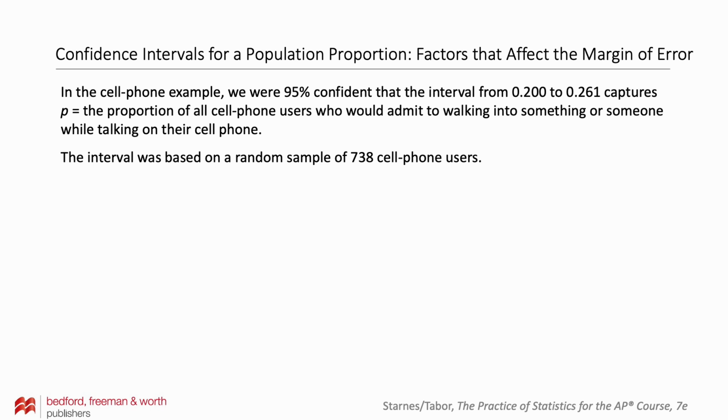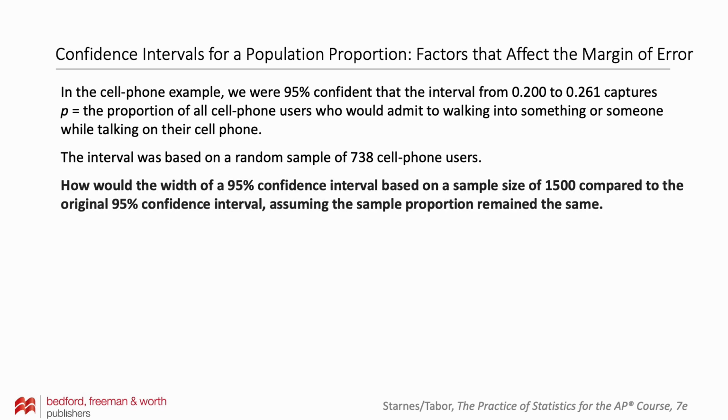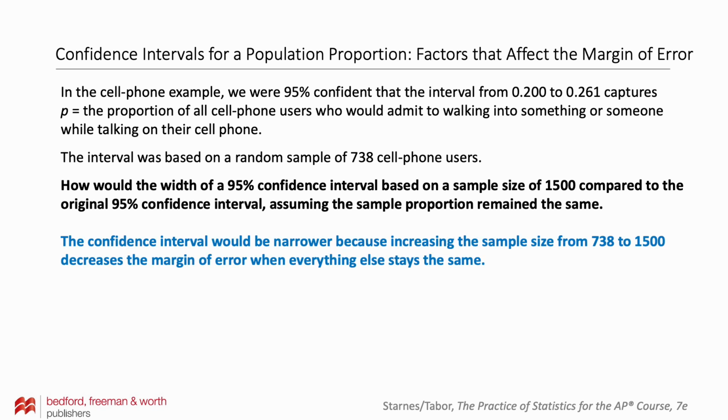In the same situation, what would happen if we increased the sample size? So we're increasing from 738 cell phone users to 1,500 cell phone users. If we increase the sample size, our confidence interval would be narrower, because increasing the sample size will decrease the margin of error when everything else stays the same.